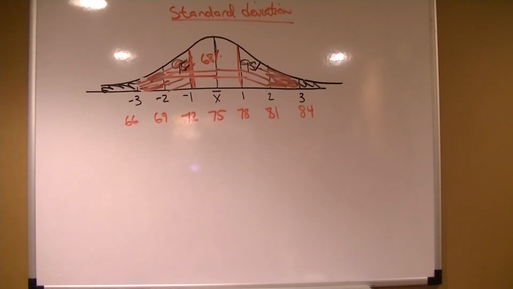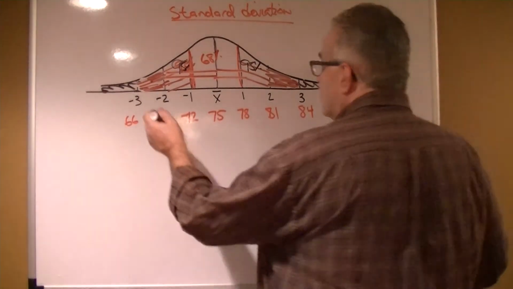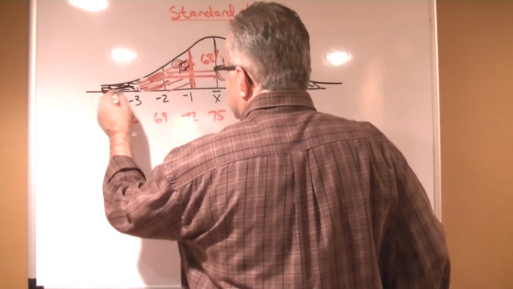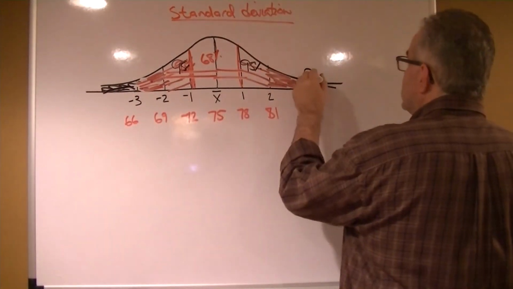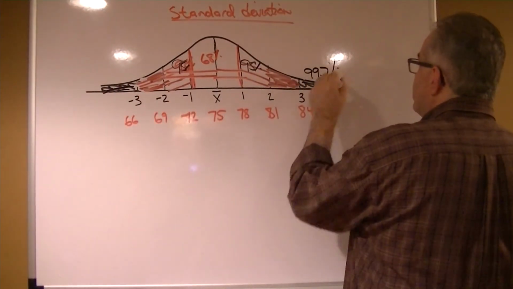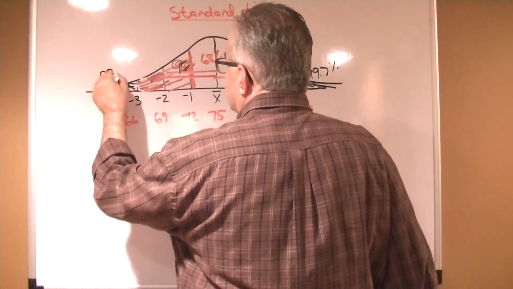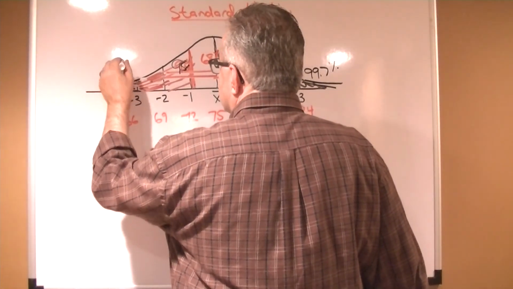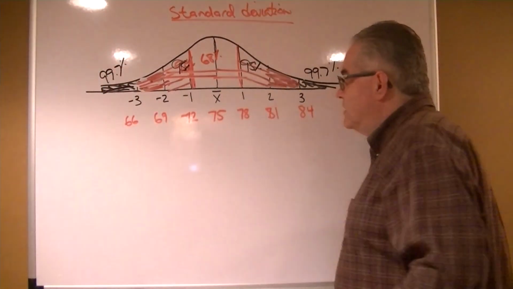Let me double check that. 99.7%, right? So up to here. When you include 3 standard deviations and beyond, this one here is 99.7%, and it takes just about all the values underneath the bell curve.